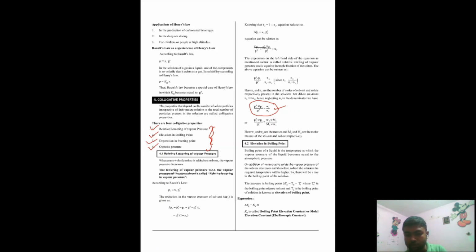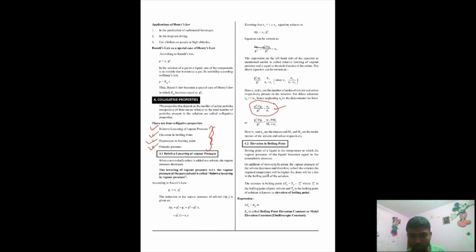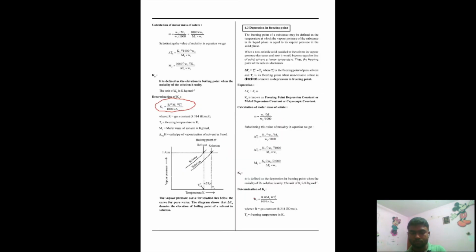Okay. Elevation of boiling point. This is also very important. This expression is important, and this expression is important. I'm sorry for that. So yeah, now you have to understand this graph.